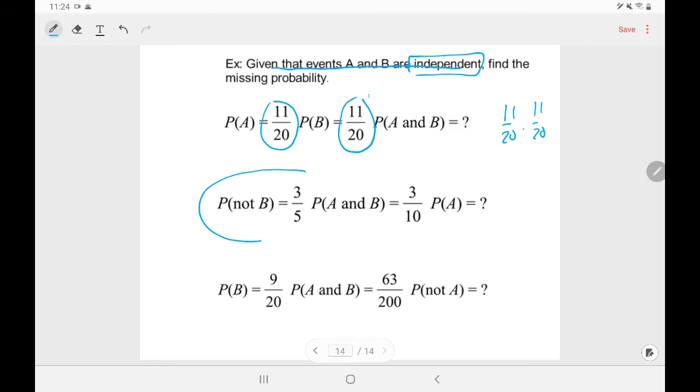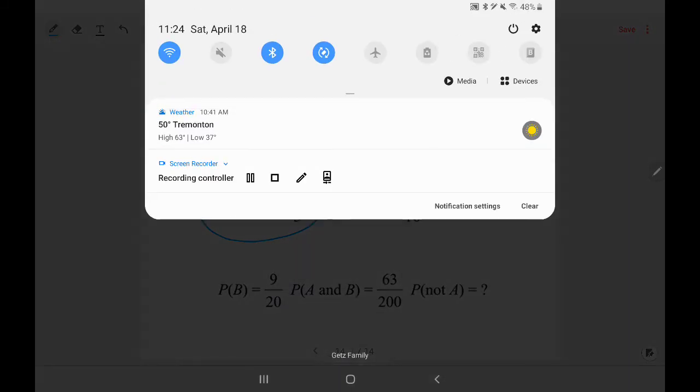Next, the probability of not B is 3/5, the probability that we get A and B is given, and we want to calculate the probability of A.